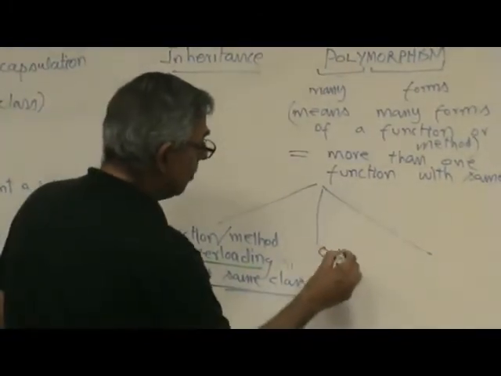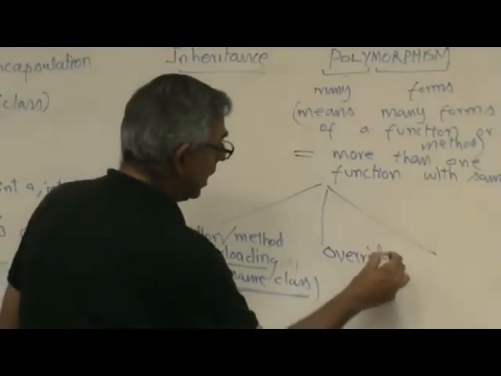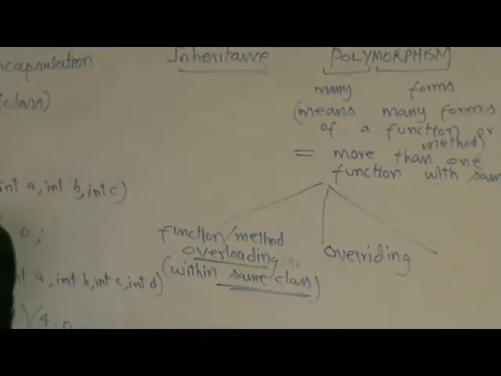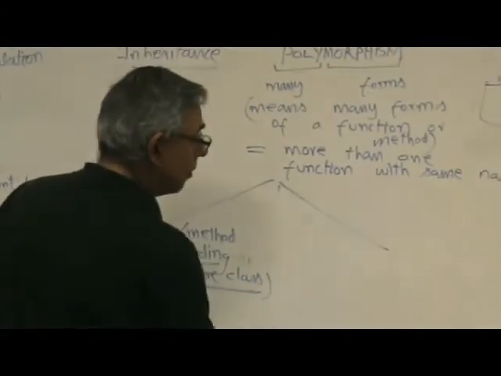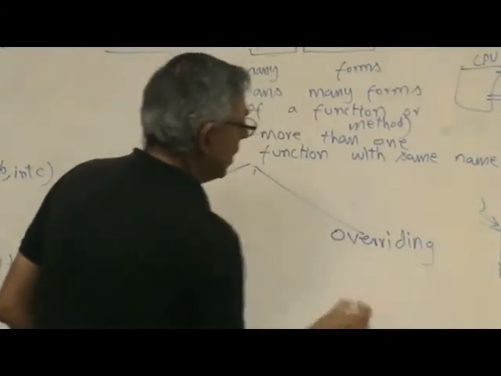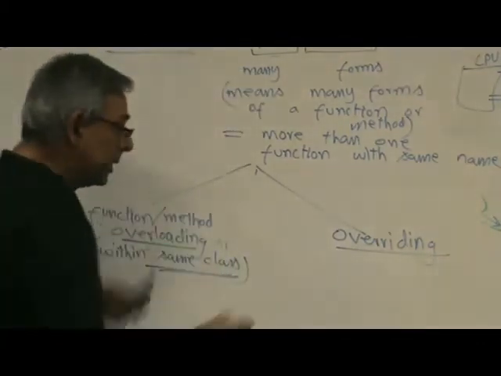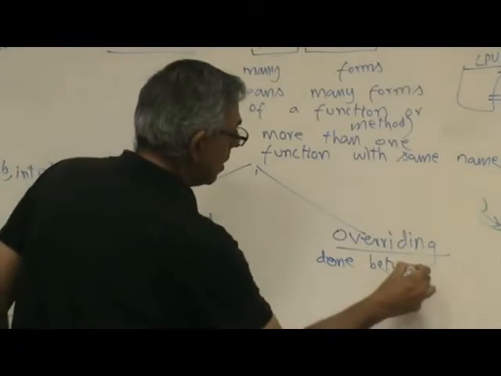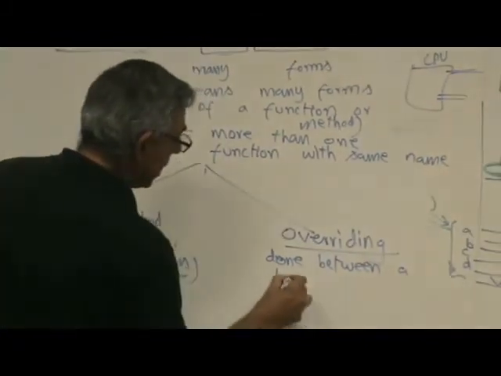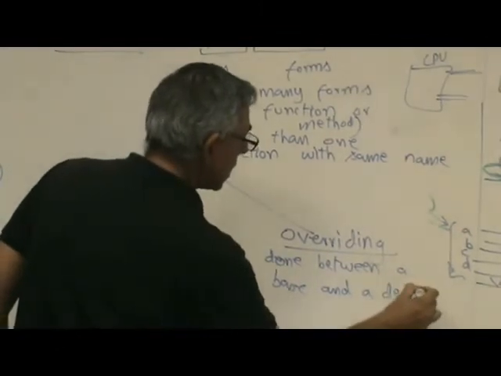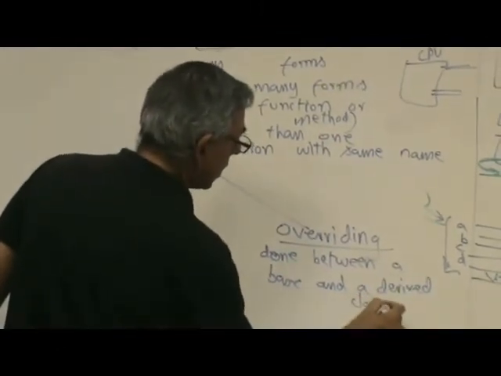The second form of polymorphism is overriding. Overriding is done between a base and a derived class, right?